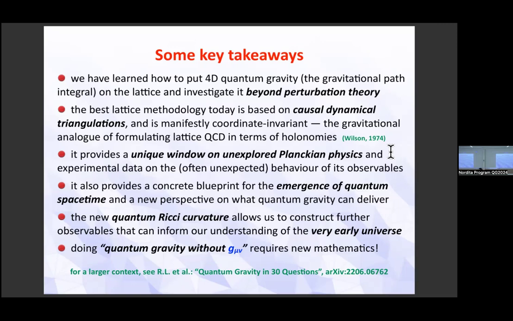Now, this whole framework you could characterize as doing quantum gravity without G mu nu. What do I mean? In the realm I'll be looking at, tensor calculus is not available. I'm sitting on these crazy geometries like the one I showed on the previous slide. So we have to resort to other ways of doing gravity and describing geometric structures, and we will have to rely on, in a mathematical sense, stuff that goes beyond classical pseudo-Riemannian mathematics, as it was founded in the mid-19th century.